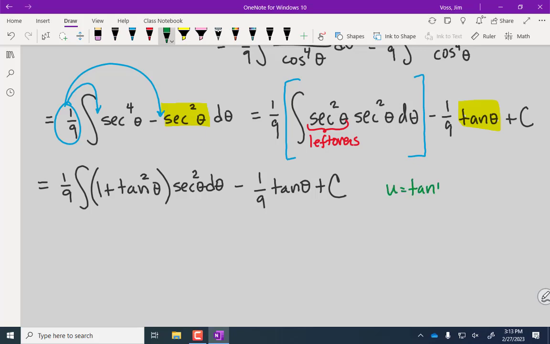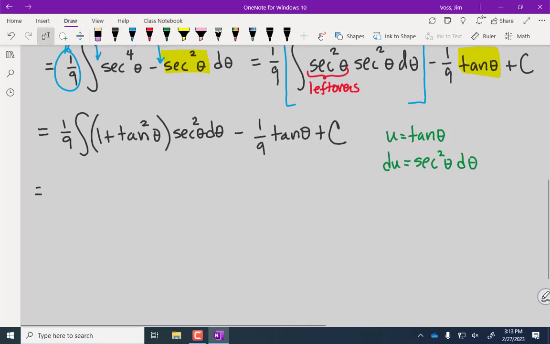U substitution: du is secant squared. So the front integral becomes the integral of 1 plus u squared du. Everything disappears there. And then minus 1/9 tan theta plus c.